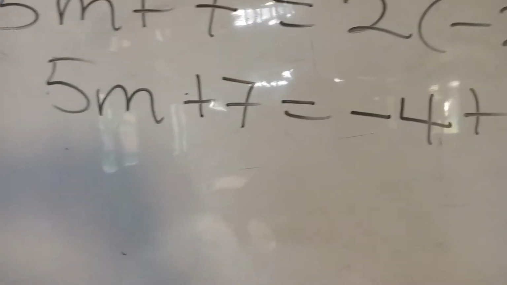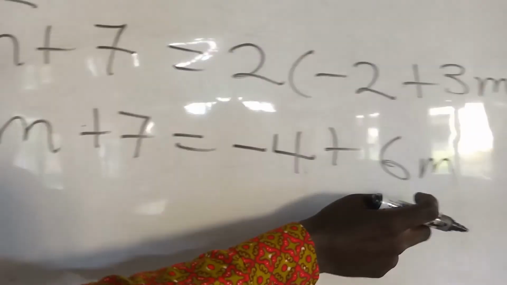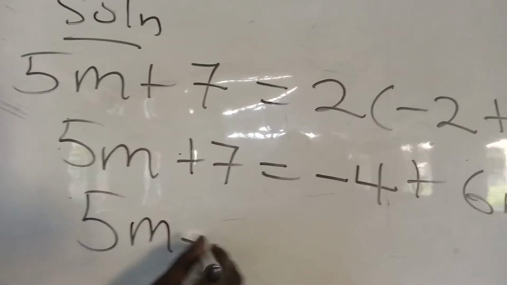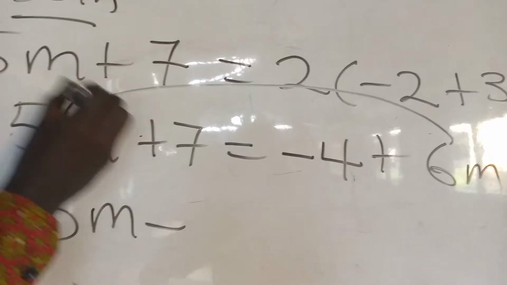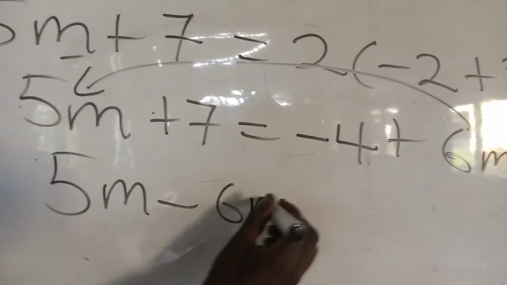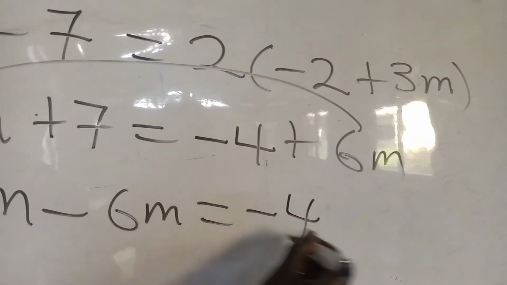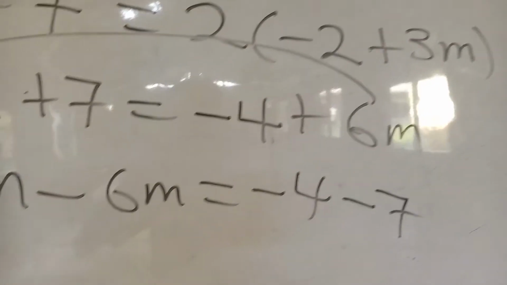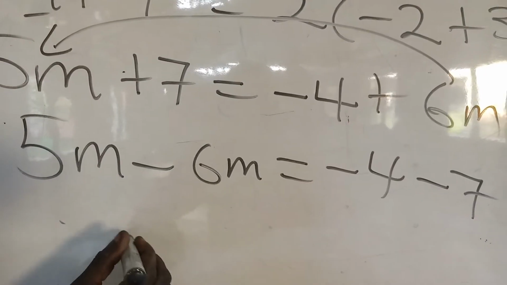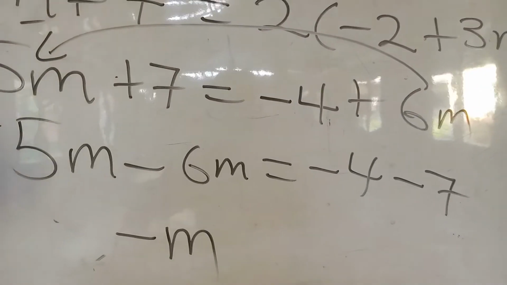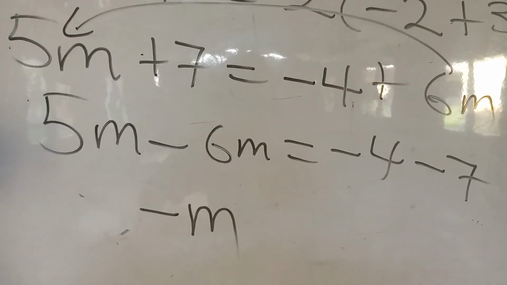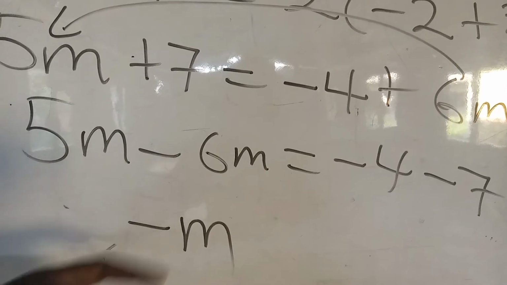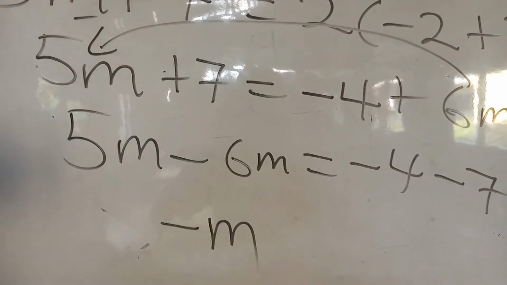So we group like terms by moving this variable to the left hand side of the equation. And once it crosses, it becomes negative. So negative 6m equal to negative 4. Once this crosses, it becomes negative. So 5m minus 6m, we are having negative m, which is the same as negative 1m, because in maths we don't write 1 here, because 1 times m is the same letter.